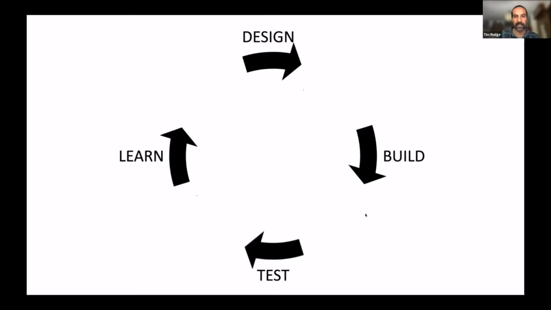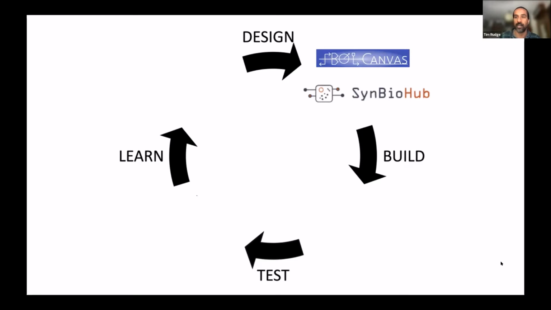So going back to the design, build, test, learn cycle, we already have a bunch of tools for these different phases. For example, in the design phase, we have tools like SBOL Canvas, where we can design compositions of parts to generate genetic circuits. Then we can store them in platforms like SynBioHub, which allows us to analyze the compositions, components and modules of our genetic circuit.